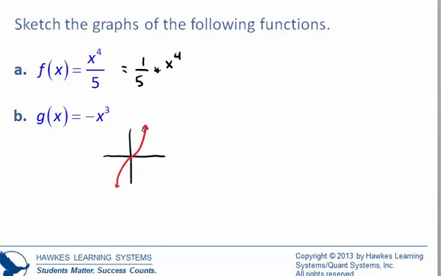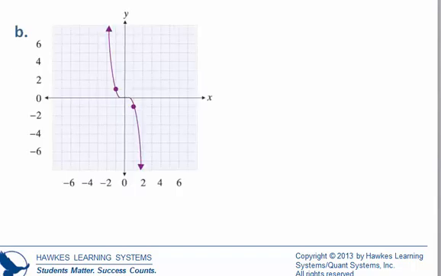And so what does the negative do to that graph? The negative causes the graph to be reflected over the x-axis. And again, it may be helpful for you to plot a couple of points, even though you know basically what the graph looks like and you know it's going to have a reflection over the x-axis. It may be helpful to plot a few points to help you draw it.